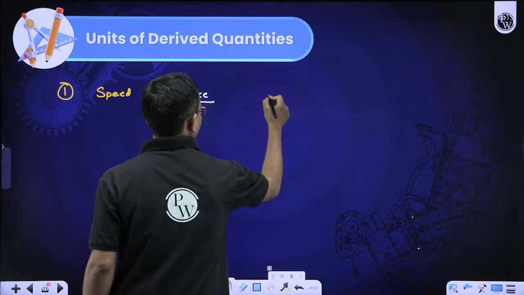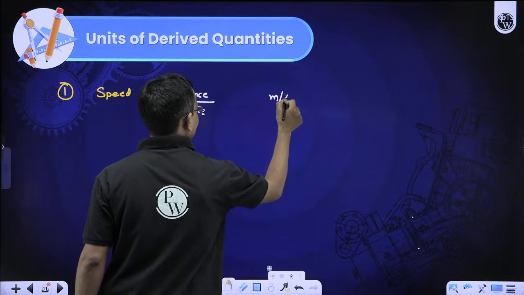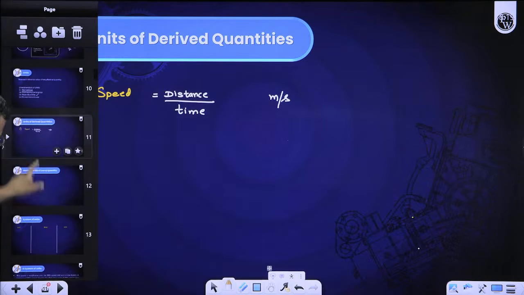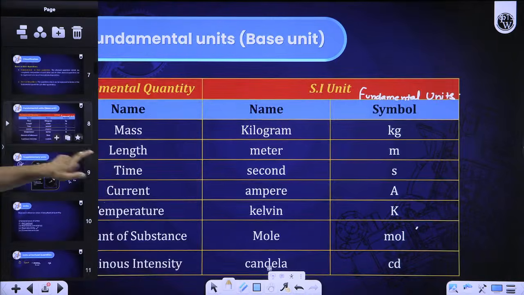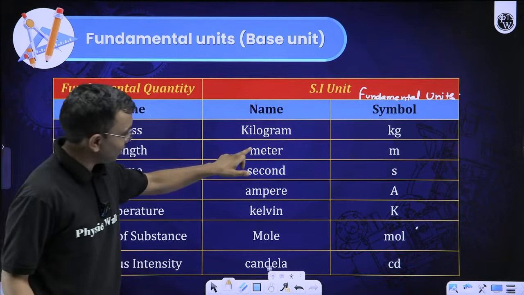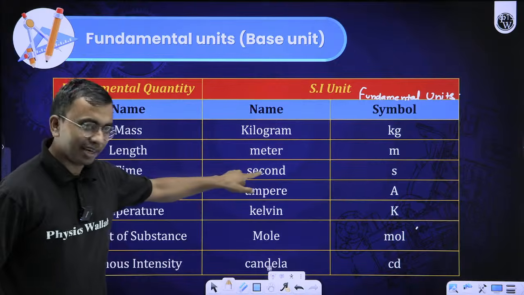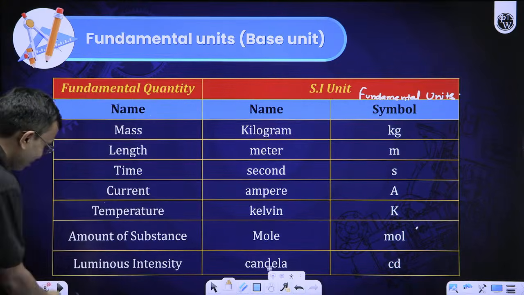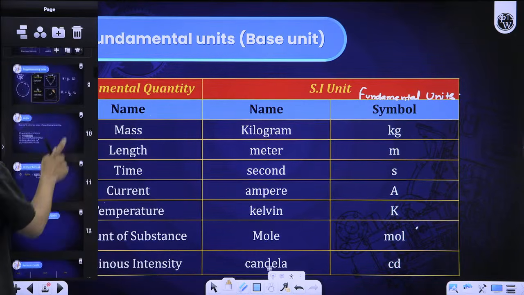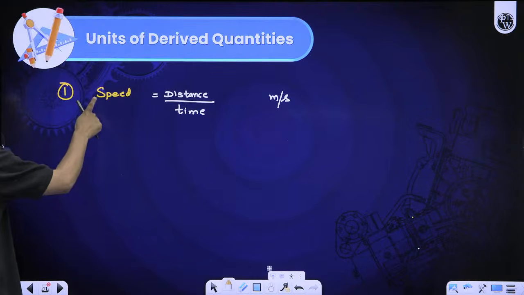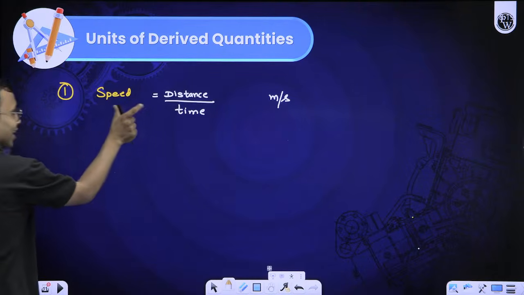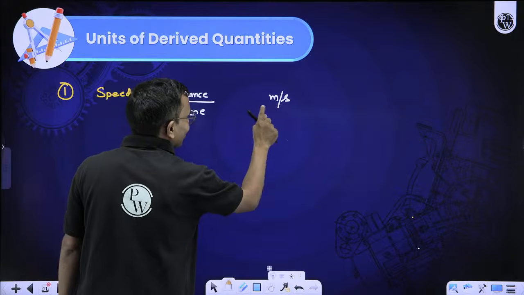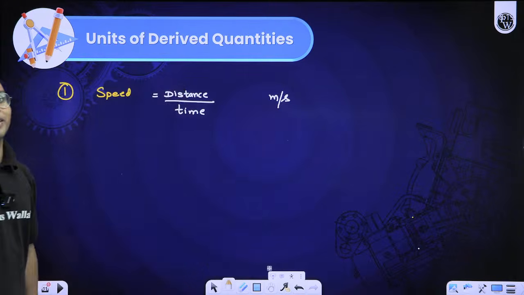Meter. So for length, meter, for time, second. It is now meter per second. So this is how I can say that speed is my derived quantity. Its unit can be expressed in terms of the fundamental units.